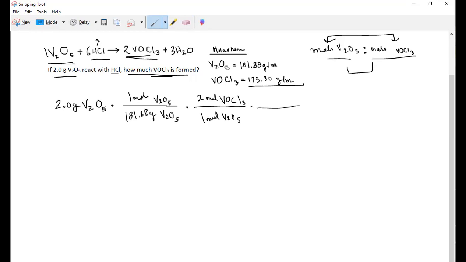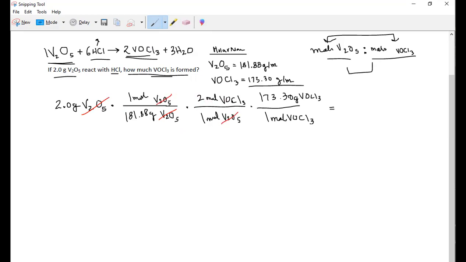We know that it's 173.30 grams per mole for VOCl3. So we can say that 1 mole is 173.30 grams, right? And what this allows you to do eventually is just plug this into a calculator, and it's not confusing in terms of what unit you're left with, because your grams of V2O5 would cancel, and you'd be left with moles of V2O5, and then your moles of V2O5 would cancel.